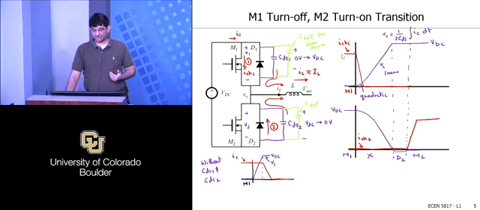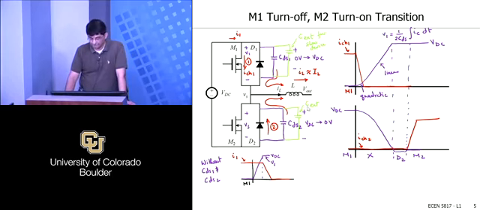You didn't want overlap between the current going through the device and the voltage rise across the device, so the current was shifting off to the capacitors. So here's the M1 transition and here's the M2 transition, and both basically are lossless.